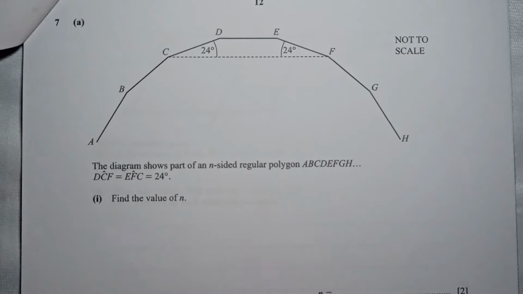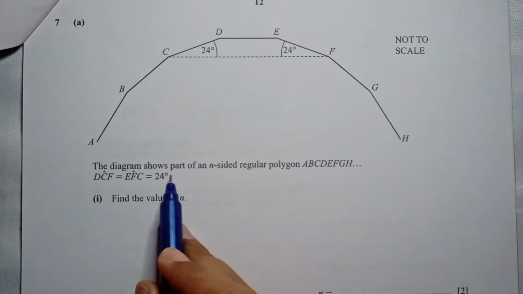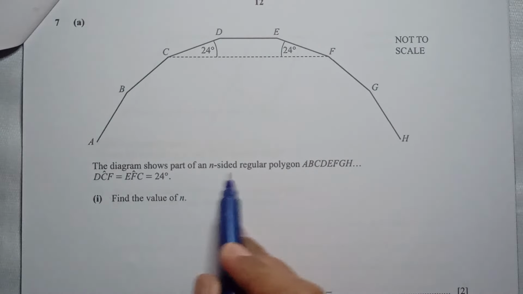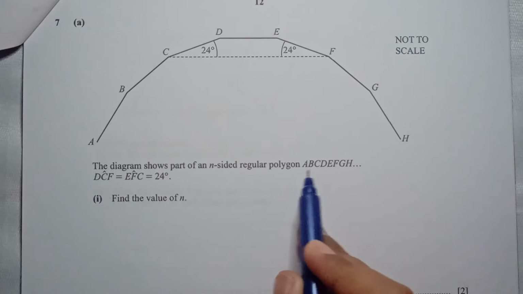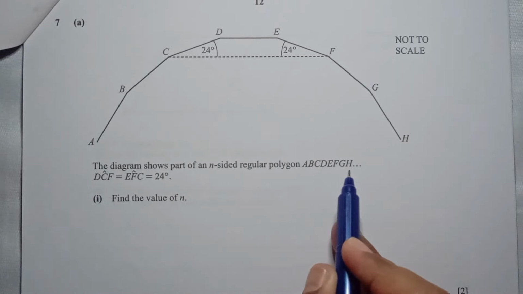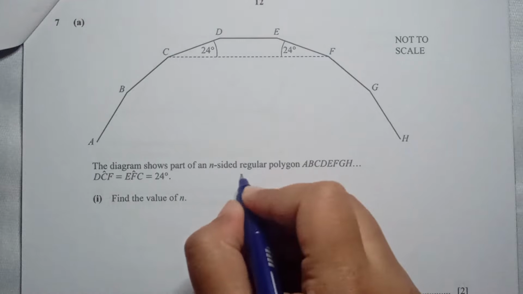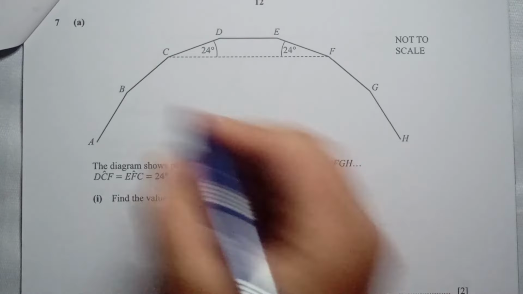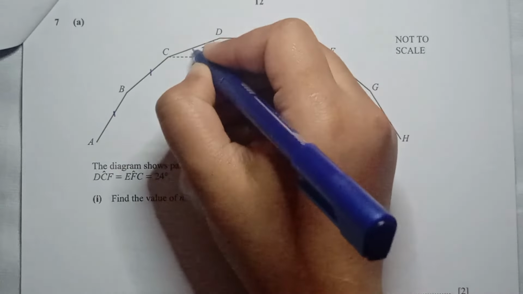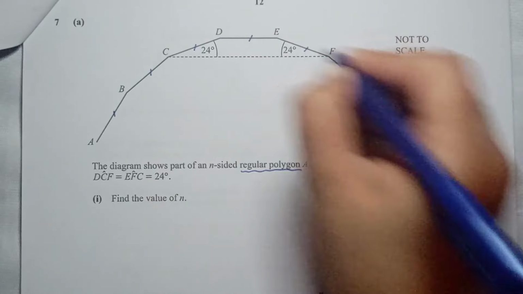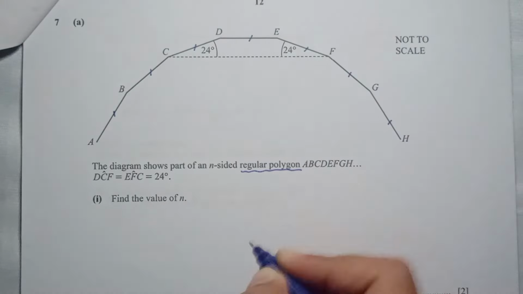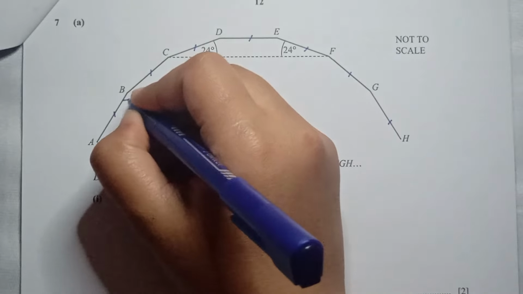Question number 7 in A part. The diagram shows a part of an n-sided regular polygon A, B, C, D, E, F, G, H. So for a regular polygon, it means all the sides are same and all the interior angles are also same.